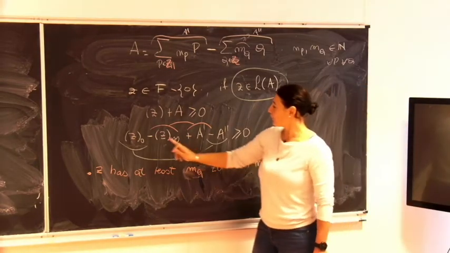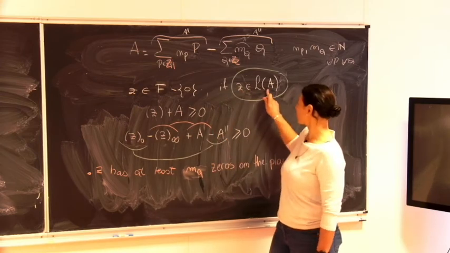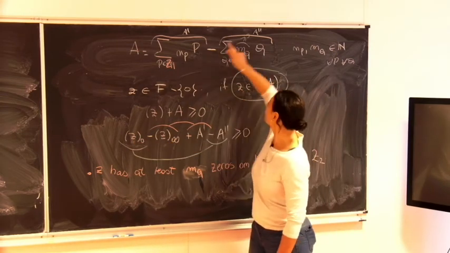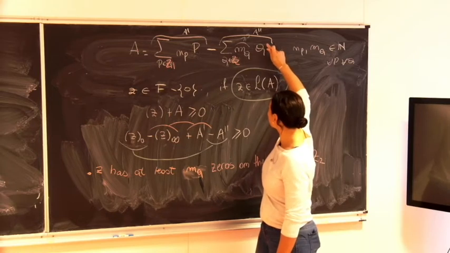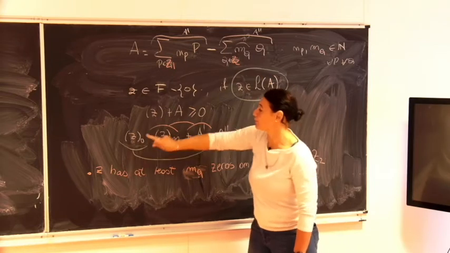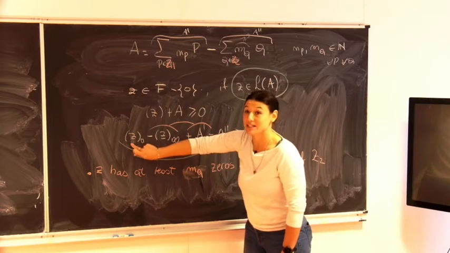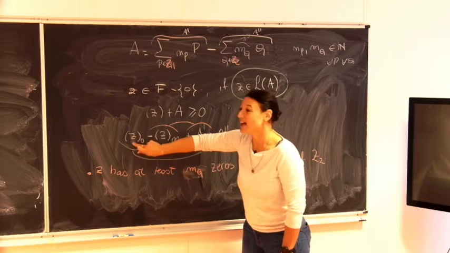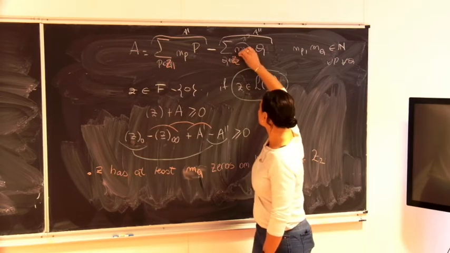So if an element is in the Riemann-Roch space, I need that all the places in this set, theta 2, have to be in the support of this principal divisor, and the order here has to be at least this order.